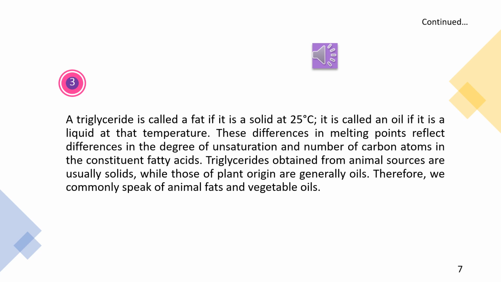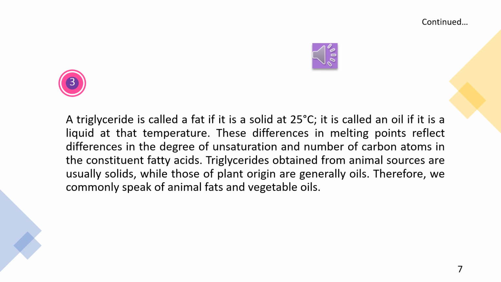In this slide you will learn how a triglyceride is obtained, or what the sources are from which we obtain triglycerides, or in which forms triglycerides are present. A triglyceride is called a fat if it is solid at 25 degrees centigrade.